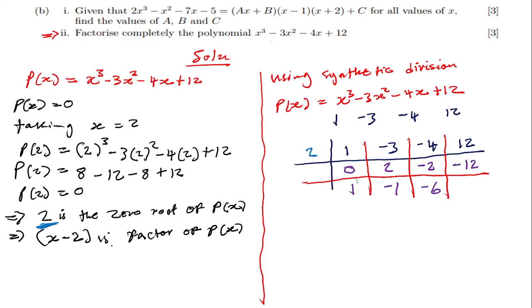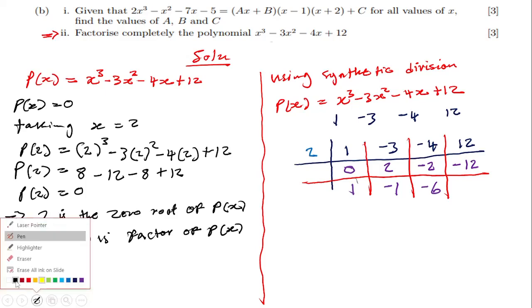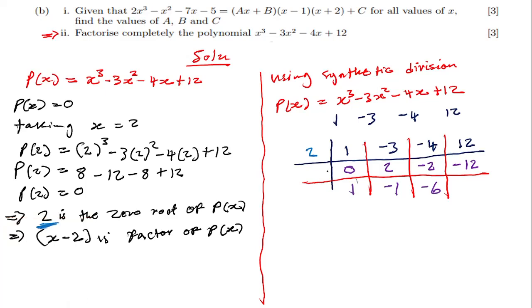Personally, I normally refer to that point as my reference point, because this is where I see if I made a mistake or I didn't. So if I say 12 plus negative 12, it's going to give me 0. Then this 2 is the correct 0 root.